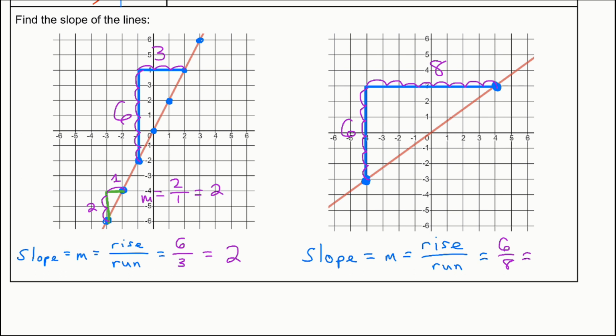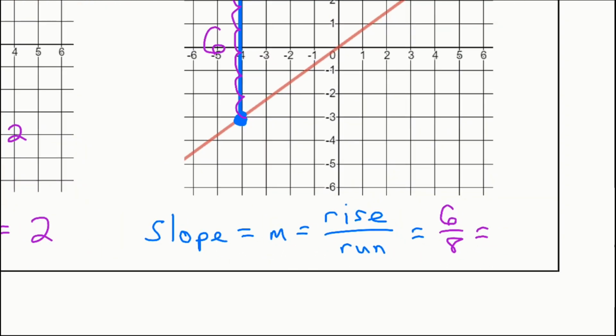When we do slope, okay, you have got to keep these in either proper or improper fraction form. No mixed numbers, no decimals. We have to use fractions on this. So 6/8 can simplify to that decimal, but it can also simplify to 3/4.